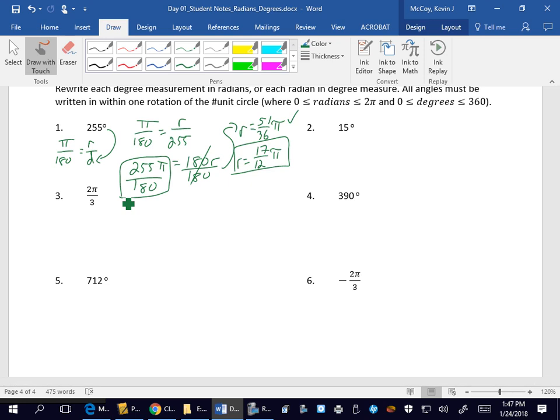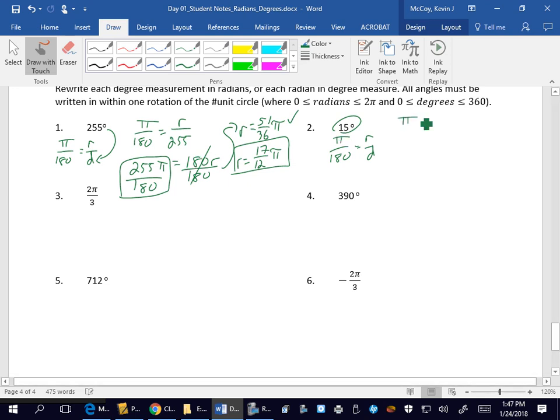All right, let me do one more with degrees, and then I'll do one with radians, and then the rest of these will be up to you guys to try and figure out. Okay, so pi over 180 equals the radian over the degree. Well, they gave me the degree, so I'm going to plug that in for d.